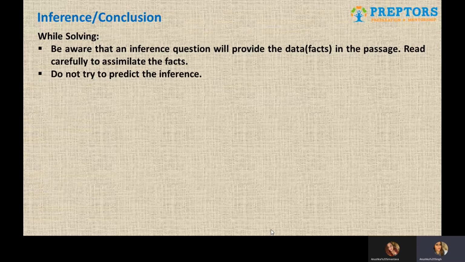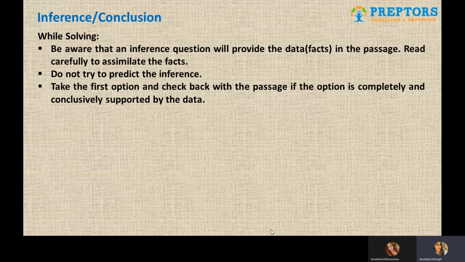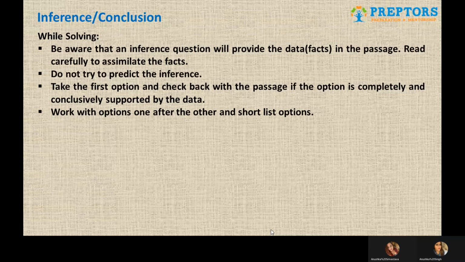Instead, take the facts, go to the options, and check each option against the passage, whether it is completely or conclusively supported or not. If the option is not supported, you go to the next one. This is how you work with options and shortlist some of them, and that's how you make your choice by comparing the shortlist.